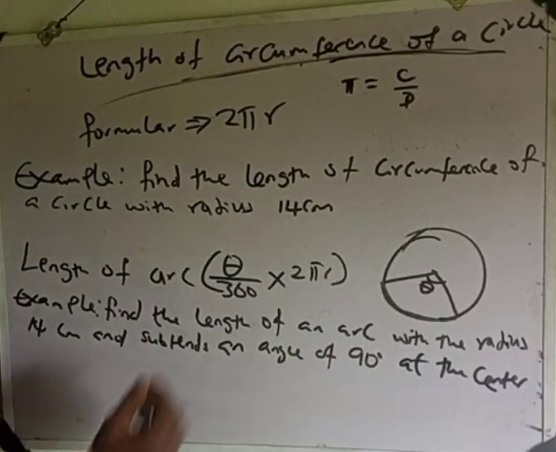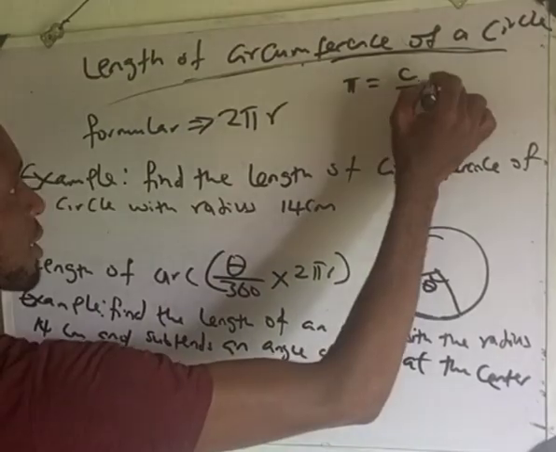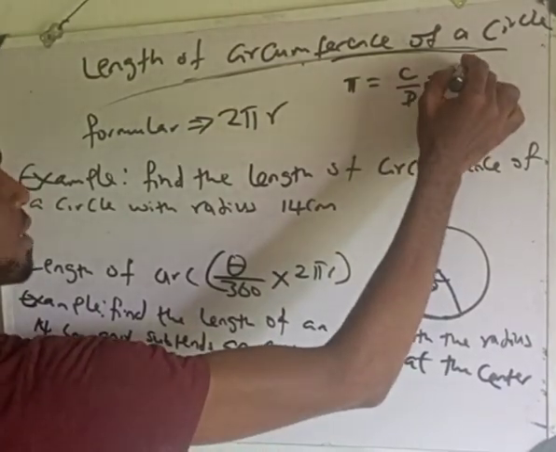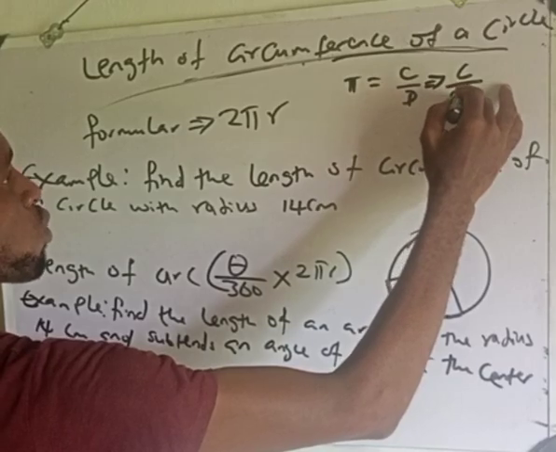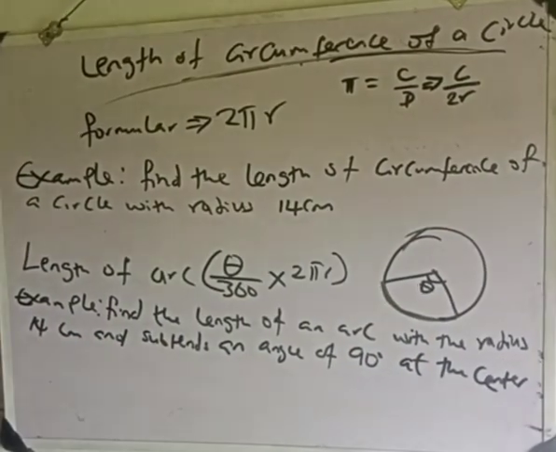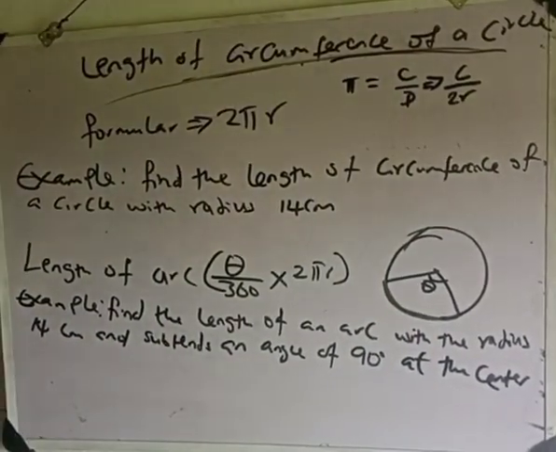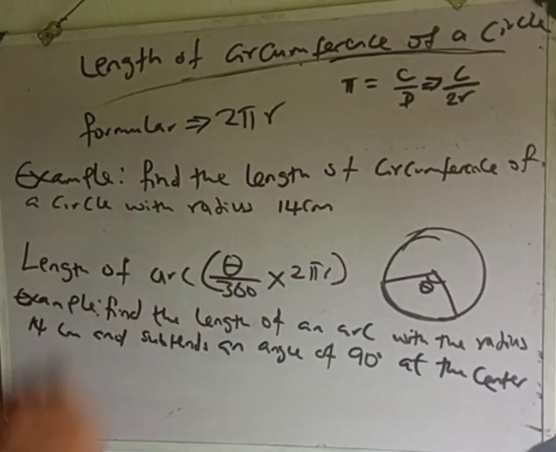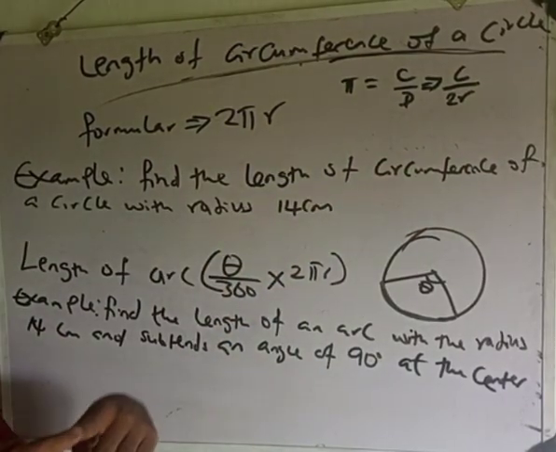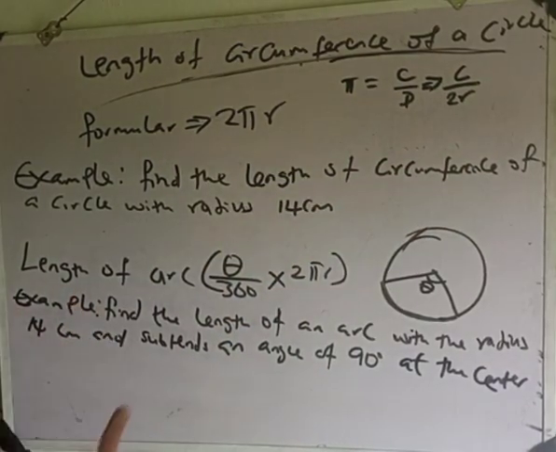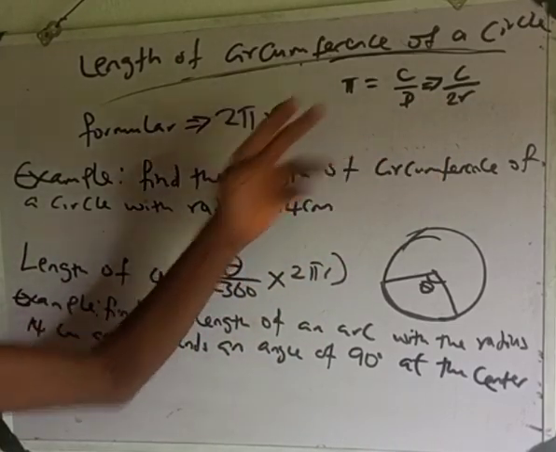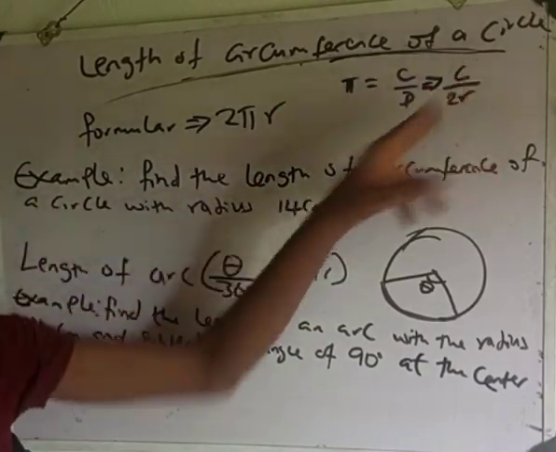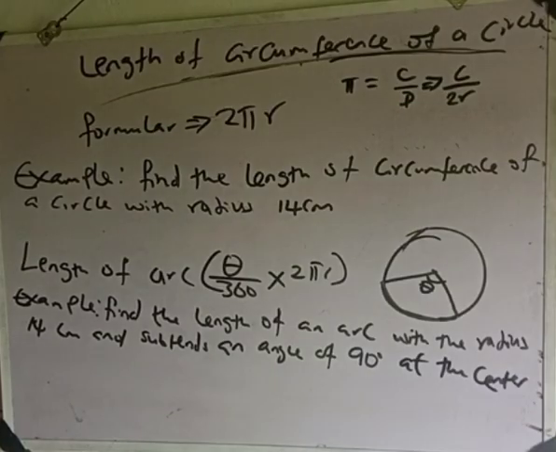If that is true, it also means that pi is equal to the length of the circumference of the circle over 2r, because 2r makes up the diameter. That means there are two radius in a diameter. Is that okay? So pi will be the same as the length of circumference divided by 2r.